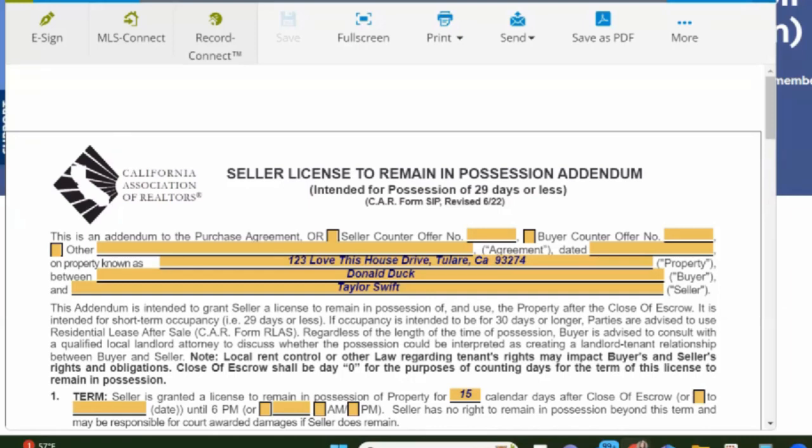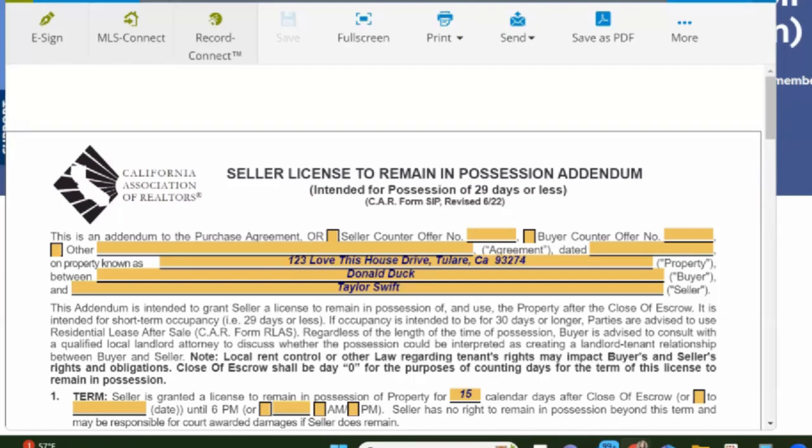But if the seller needs a few more days to get moved out, or because maybe they need the money from closing the transaction to pay for their moving costs, or maybe they're purchasing a second home and they would need those to close concurrently, and they don't want to get all their stuff sitting in a moving truck for a couple of days until they do that. So there's a number of different reasons why a seller might want to stay in possession.